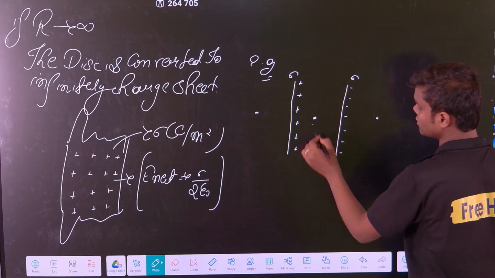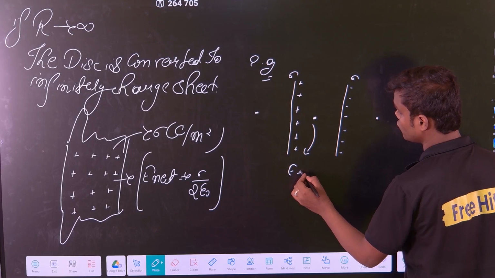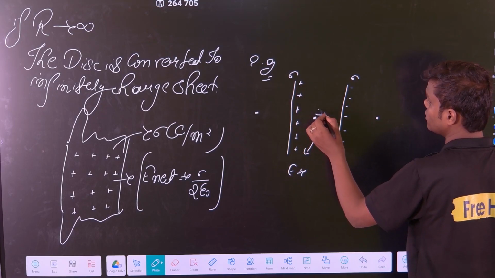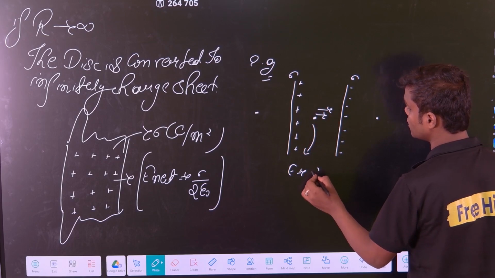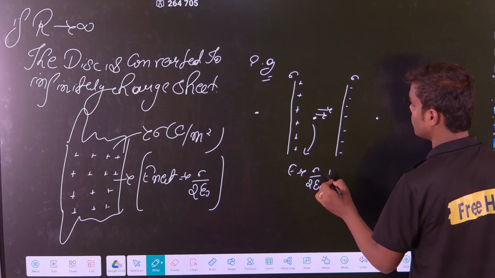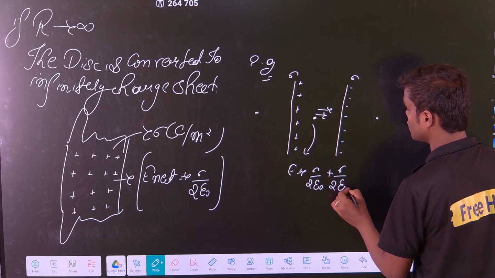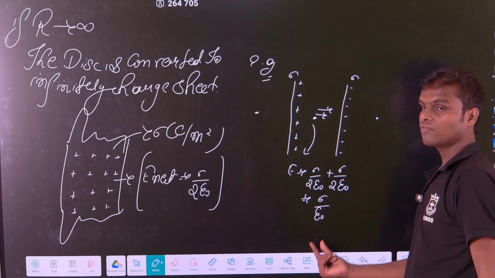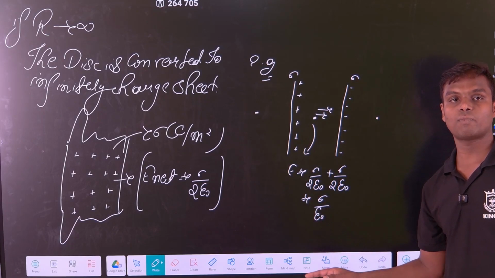What is the electric field in this condition? See, what is the approach to find it? Due to this, the electric field will be in this direction. Due to this, the electric field will be in this direction. So they will be added up. So you will get sigma by 2 epsilon naught plus sigma by 2 epsilon naught. So you will get how much? Sigma by epsilon naught.